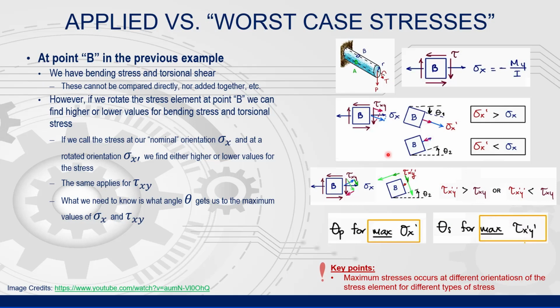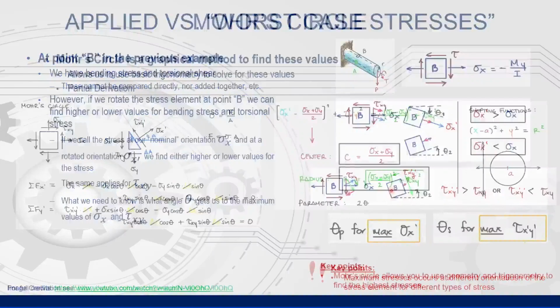Another consideration is that if we are able to rotate the stress element, we can find higher or lower values for bending stress and torsional shear stress based on the orientation. And the maximum for each type of stress do not occur at the same angle of orientation.